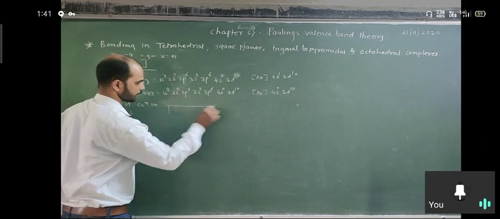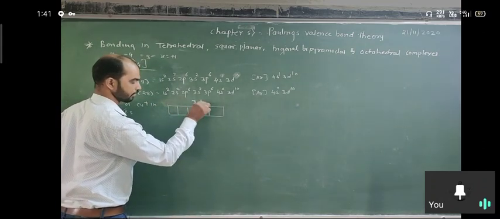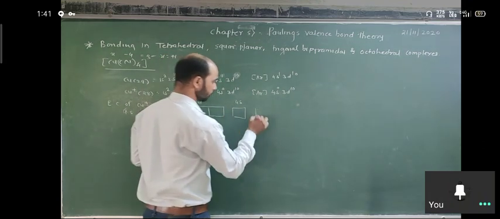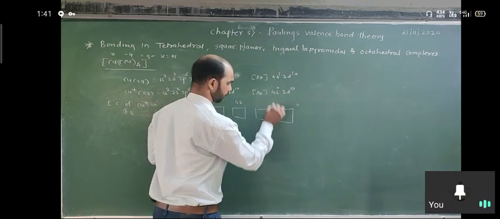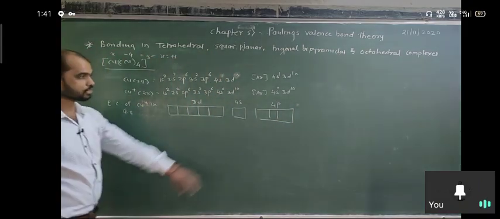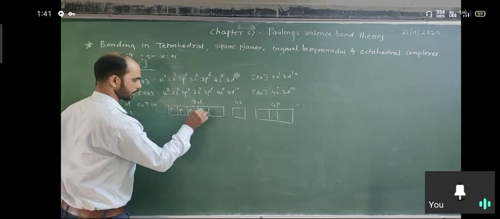Next, the electronic configuration of Cu+ in the ground state. First of all, draw the 3d orbitals, 1 2 3 4 5, here is 3d, first then 4s, then 4p. How many electrons in d? 10 electrons, so fill up the 3d electrons.